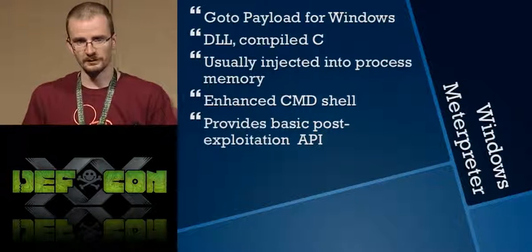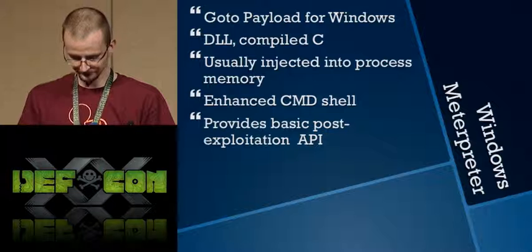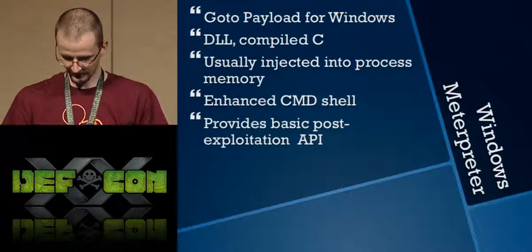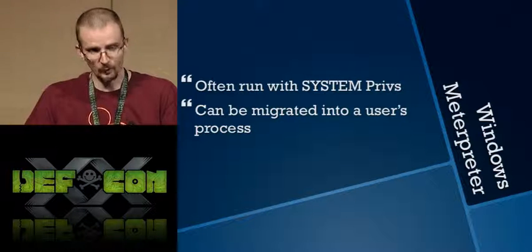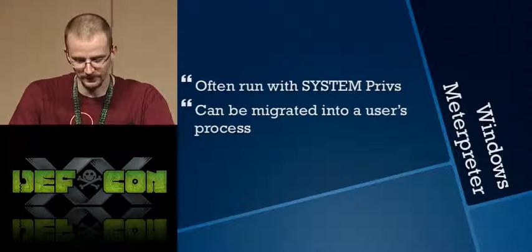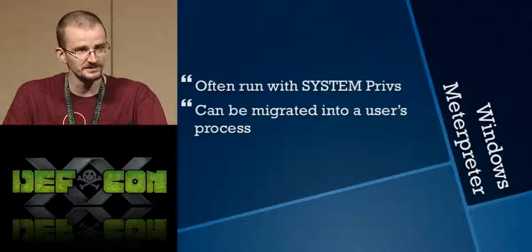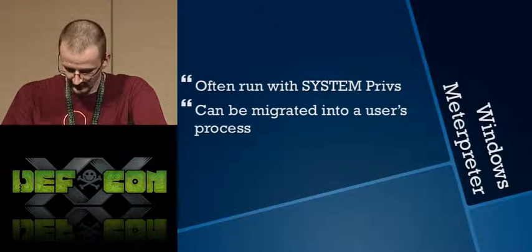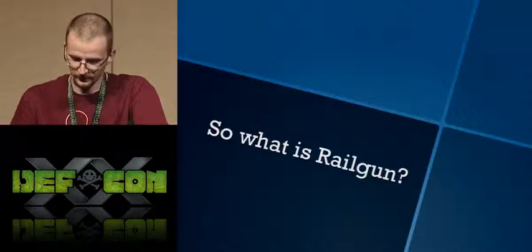And it provides a lot of functionality. One of the benefits of Meterpreter is that we can migrate. Once we've gotten that initial shell, we can migrate it into other processes and gain system level access very quickly and easily.